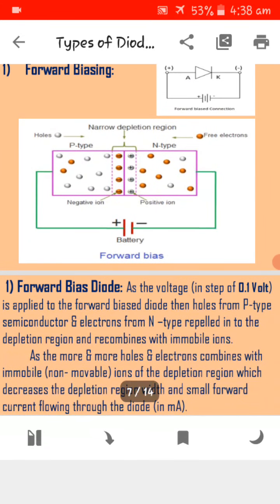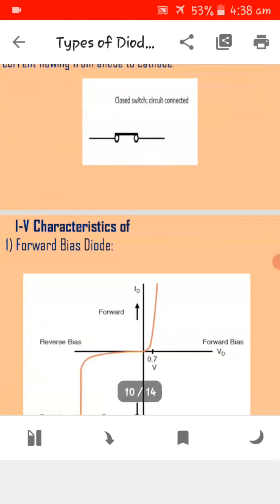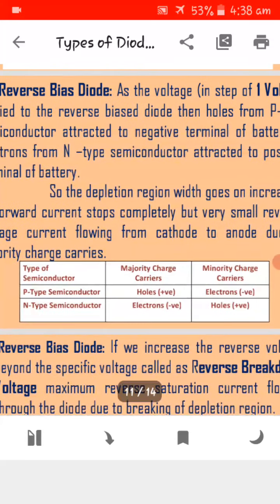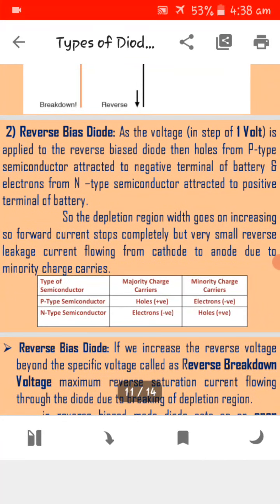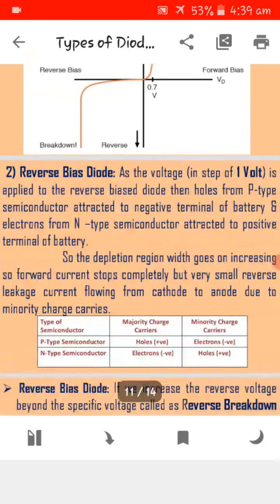Again, we have to study the reverse biasing mode also. So what is the reverse biasing mode? The connection is already shown in the above slide. But what is the action when you connect the diode in reverse bias mode? So look at the figure.